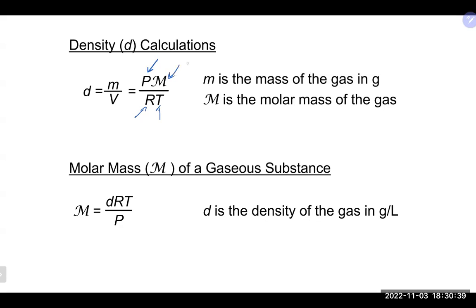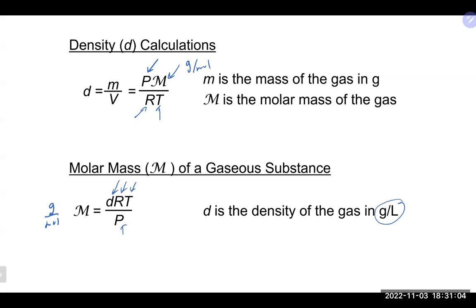The molar mass, usually in units of grams per mole, can be solved by taking the density, in grams per liter, times the gas constant, times our temperature in Kelvin, divided by our pressure.